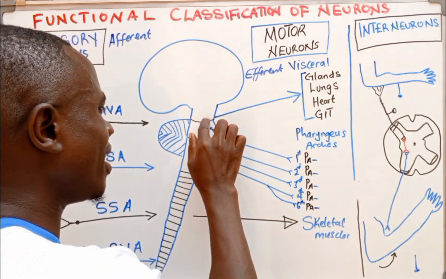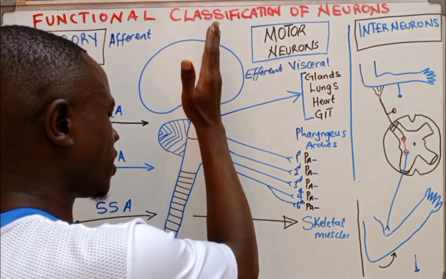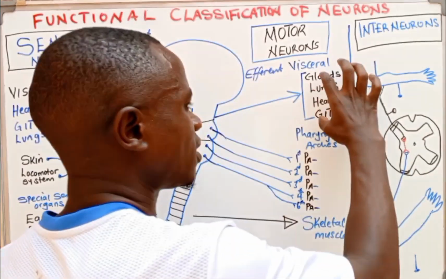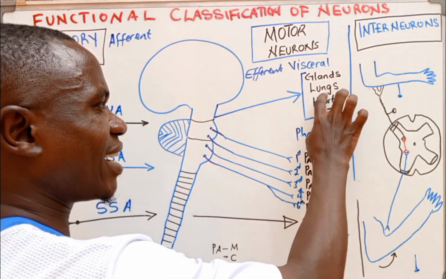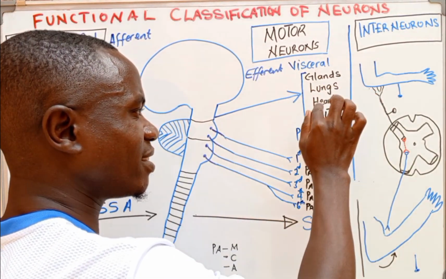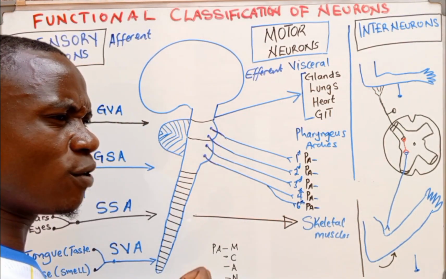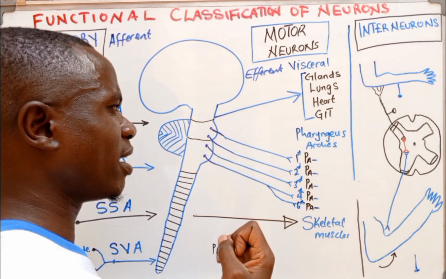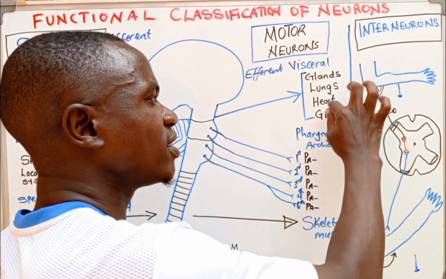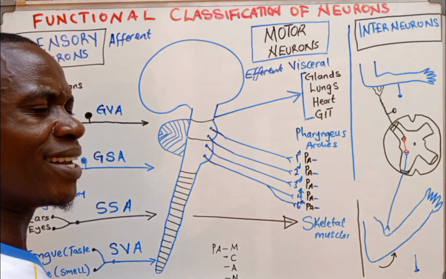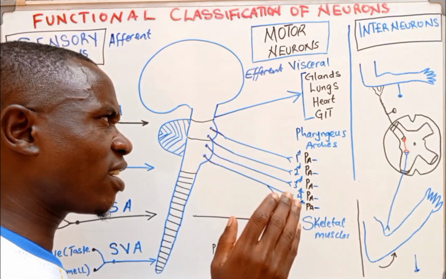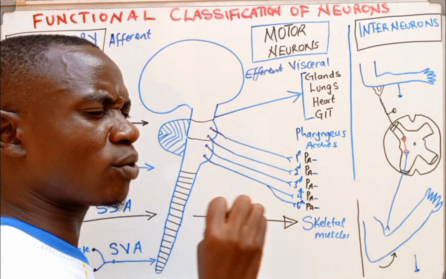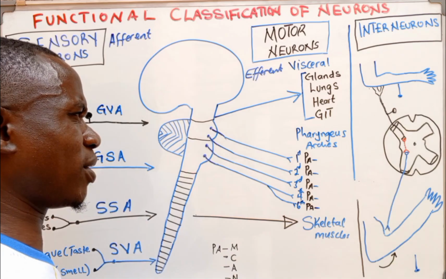So now, if you are carrying the information from the central nervous system to these visceral organs, the likes of the lungs, the glands, the heart, the GIT, you realize that these kind of fibers are going to be autonomic. We do not have control over these kind of visceral organs. They are automated. In other words, these fibers are going to be autonomic, containing what we call the sympathetic and parasympathetic fibers.